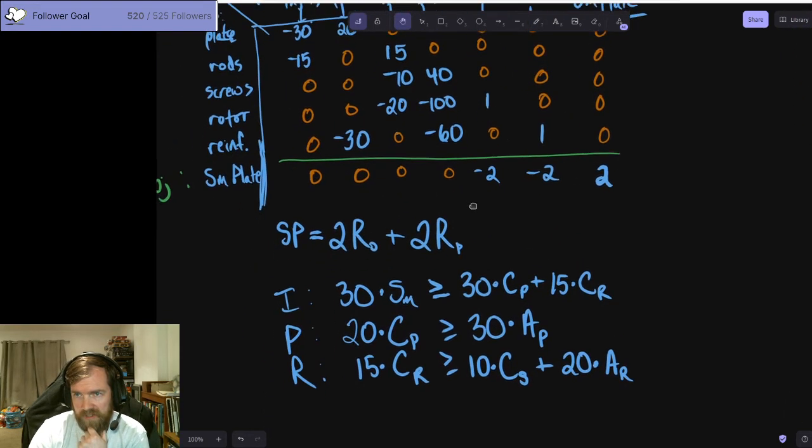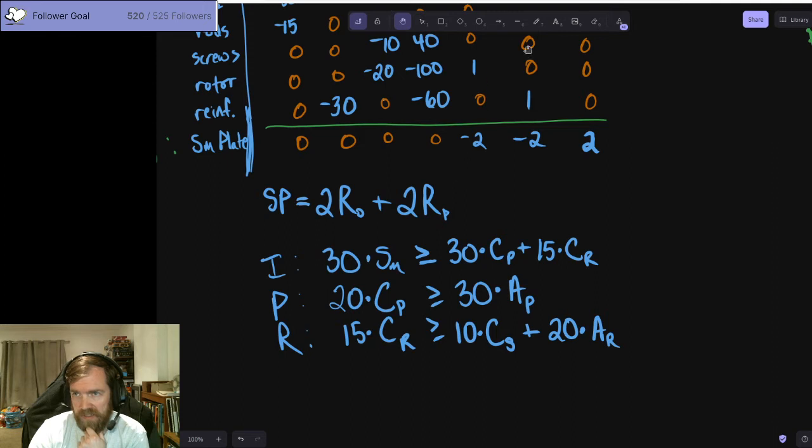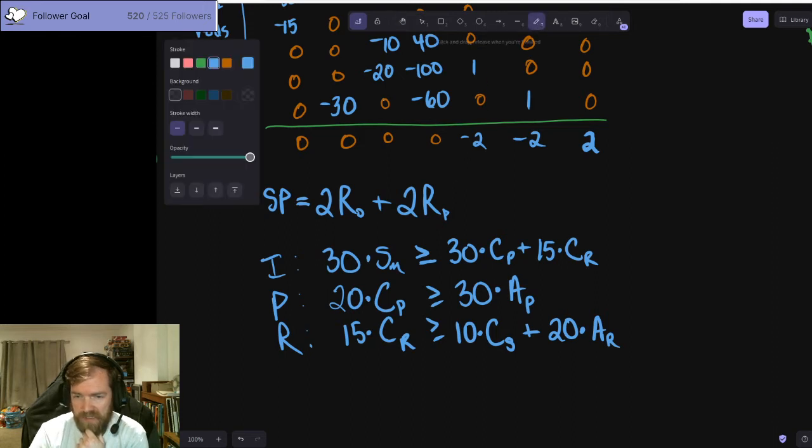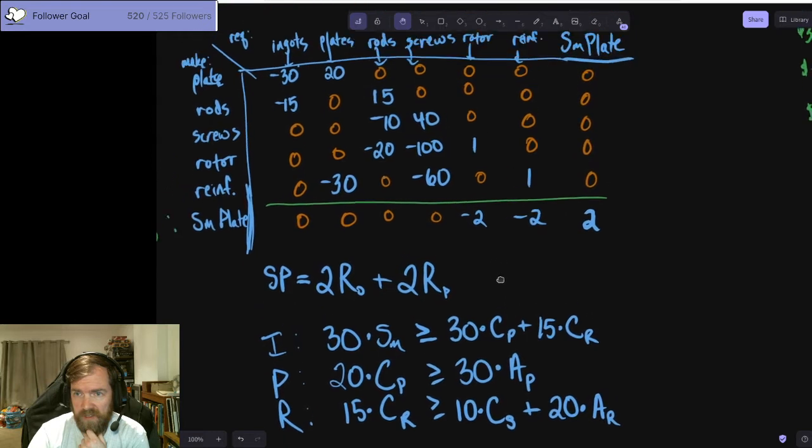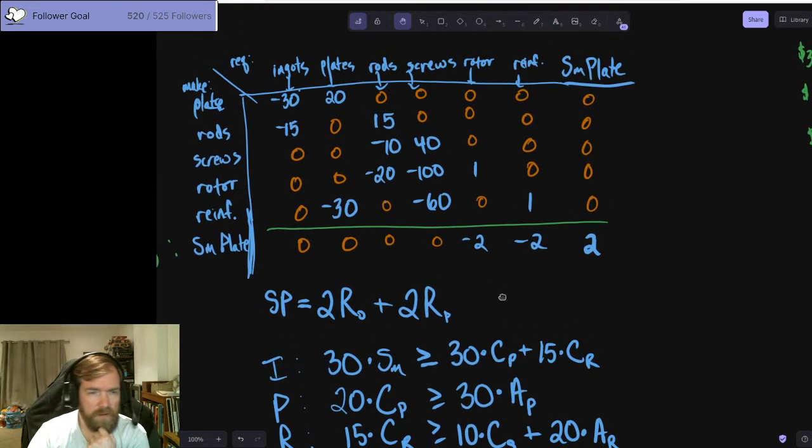Screws can produce at a rate of 40 a minute.